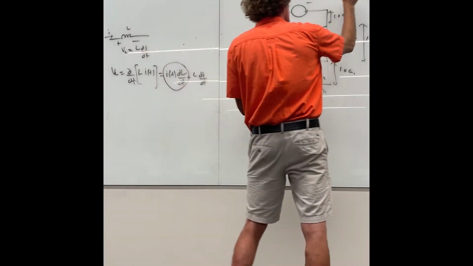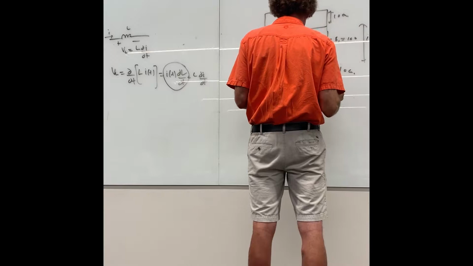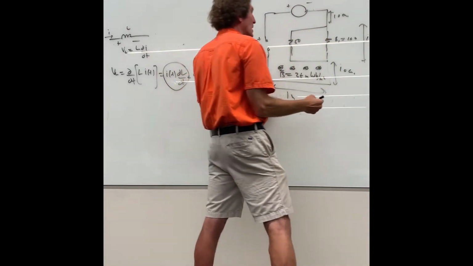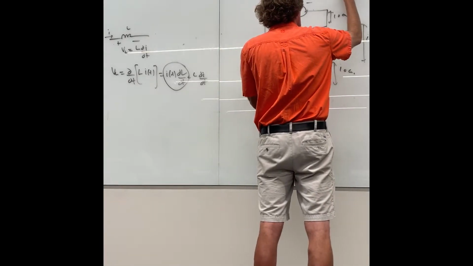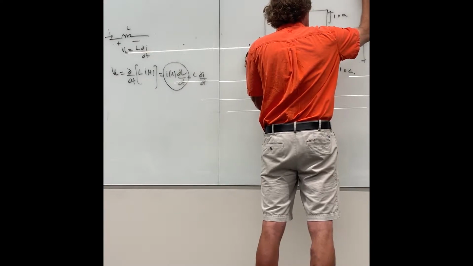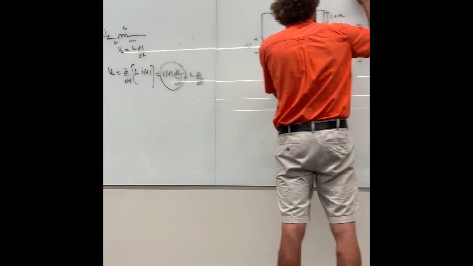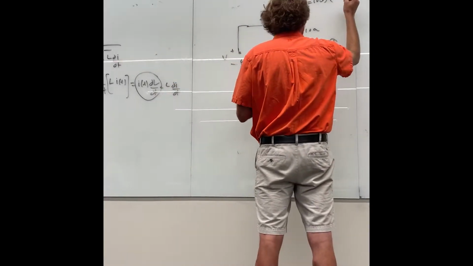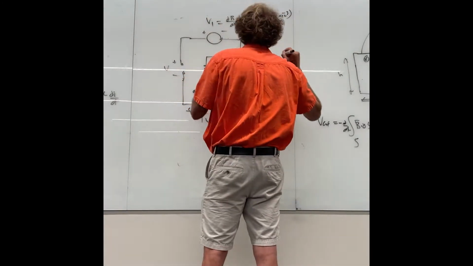What is that? That's 30 centimeters times, is it 1 meter this width, or 1 centimeter? 1 meter. All right, so it's 0.3 meters squared, right? 0.3 meters squared times the dB/dt, and I'll get rid of the units here. That's going to be equal to just 2 times 10 to the minus 3.